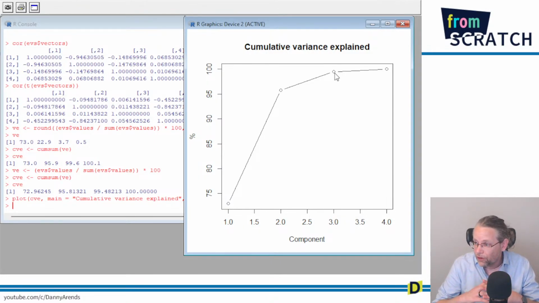So the variance explained in this case tells us how many components we should or can take to represent our data. In this case, you would say, well, with 2 principal components, I'm catching 95% of the variance that is in my data set. So the 2 principal components should be enough to accurately represent the data that has been measured.